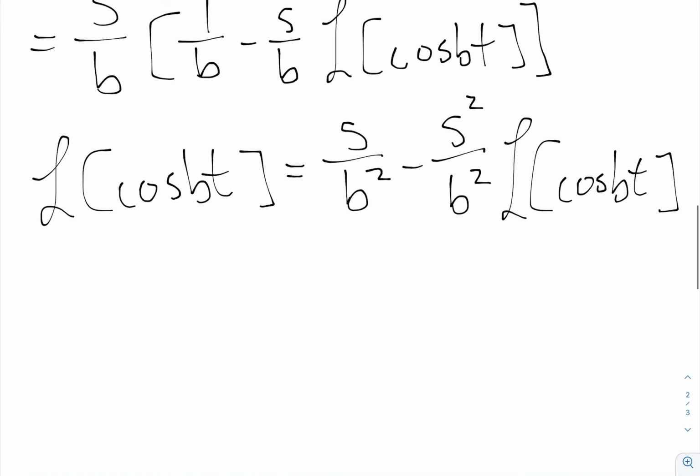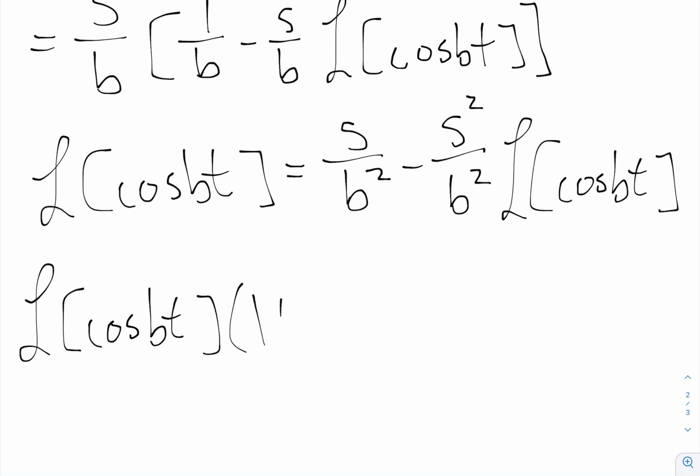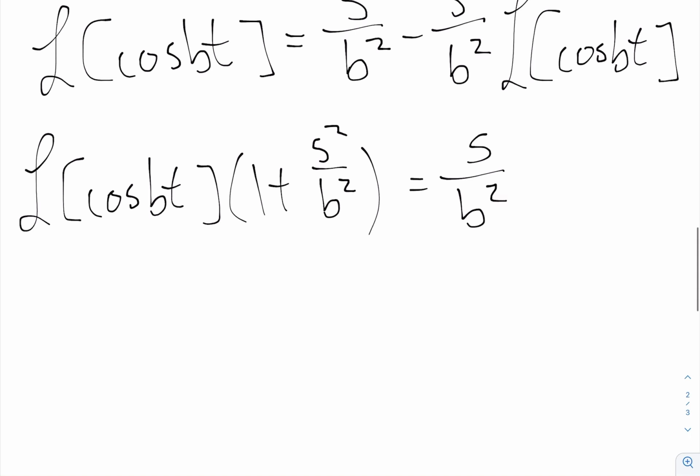So if we move this to the right side and factor everything out, we get the Laplace transform of cosine bt, that's our common factor, times 1 plus s squared over b squared, that equals s over b squared. Now, to solve for the Laplace transform, we divide both sides by 1 plus s squared over b squared.